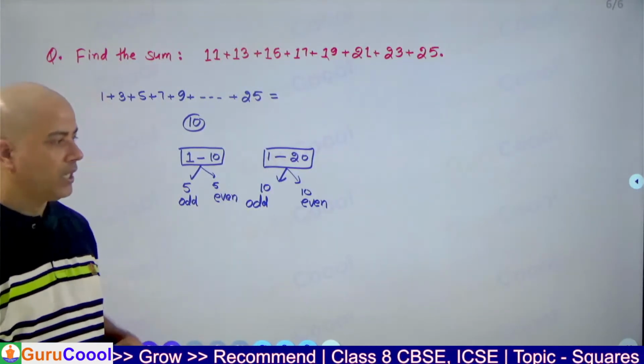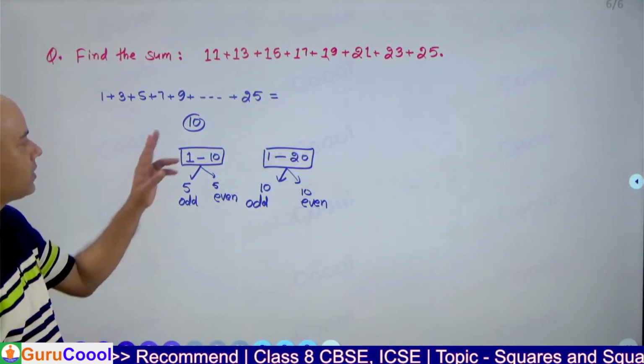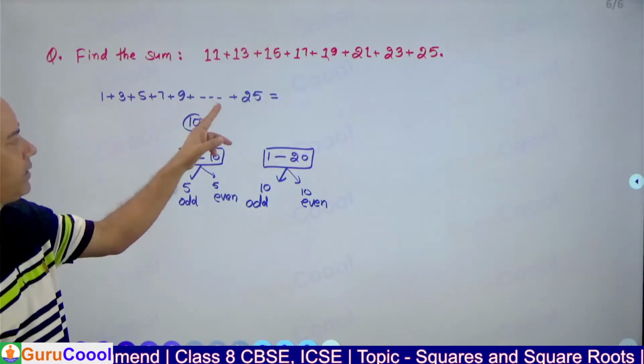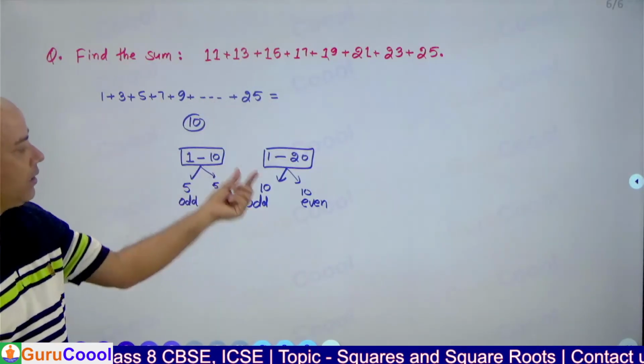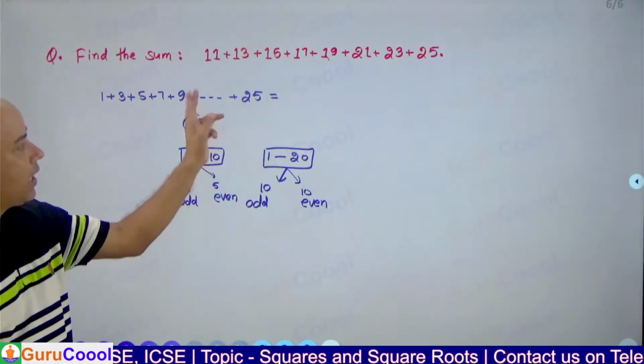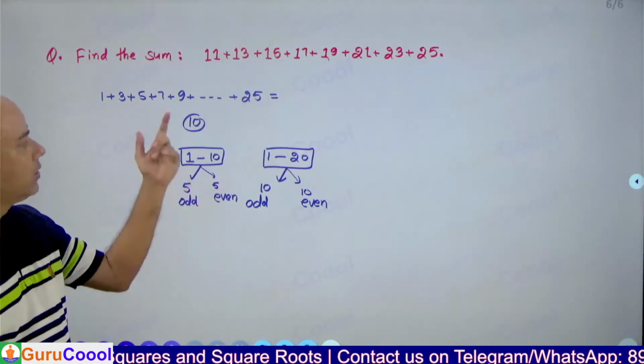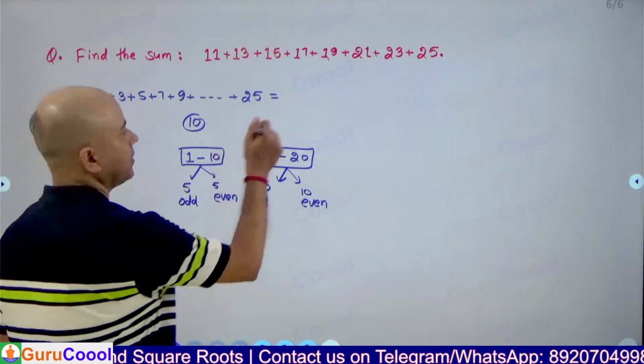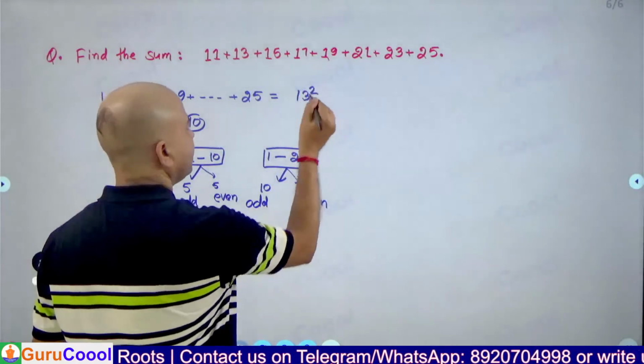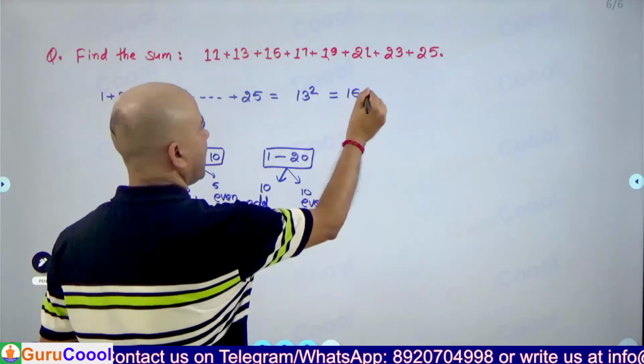Did you understand? Yes, sir. First, I will check from 1 to 20: there are 10 odd numbers. After that, 21, 23, 25, 3 extra. So 10 plus 3, 13 odd numbers. It is equal to 13 square, means 169.